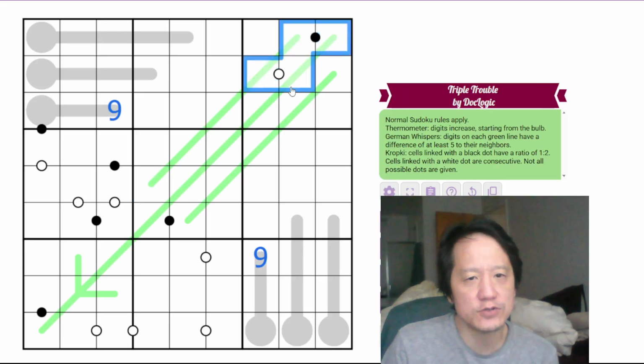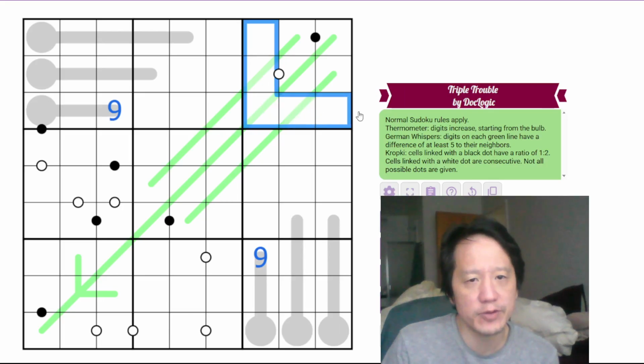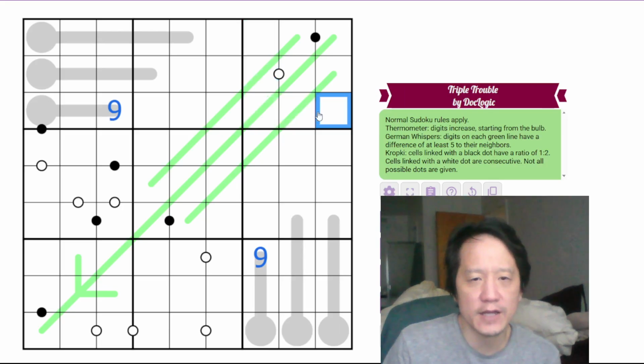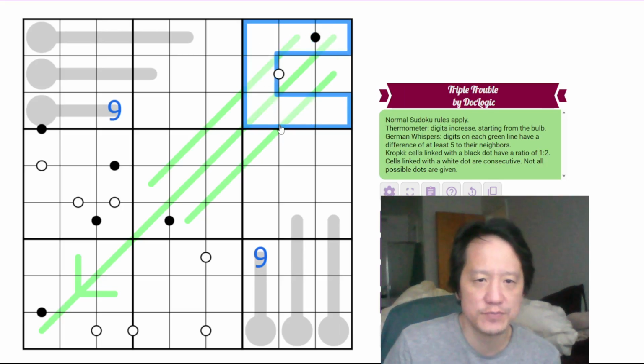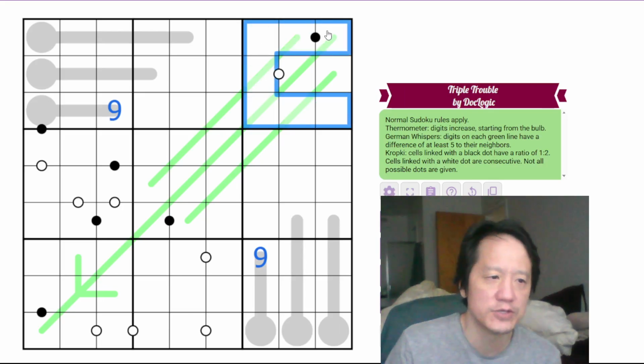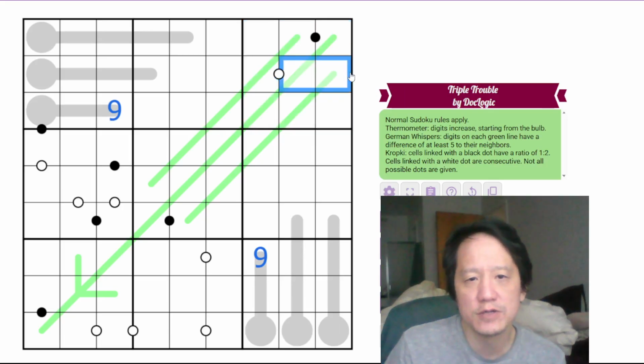So 9 cannot be here, 9 cannot be here. 9 can also not be next to a black Kropke dot, because if it were, 9 is double of 4.5, which is not a digit. And if you double 9, you get 18, which is not a digit. So therefore 9 cannot be here, here, and here in this upper right box. So 9 has to be one of these 2 digits.